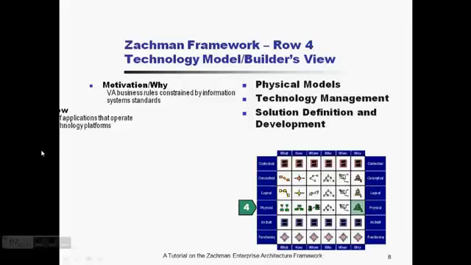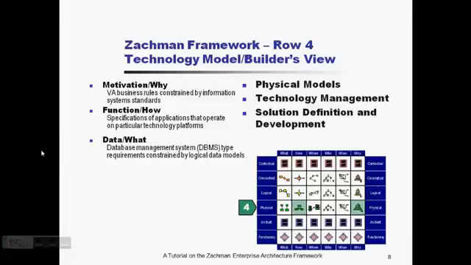These are the standards we need to figure out. Then the functionality in this row is the specification of applications that operate on a particular technology platform. The data is the database management system. We choose different DBMSs, RDBMSs, for a particular solution throughout the organization.